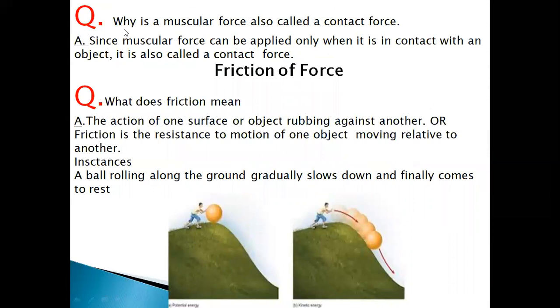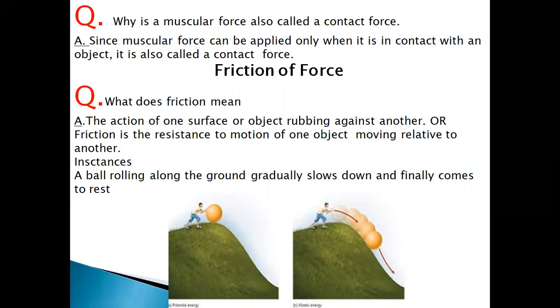Okay. Then why is muscular force also called a contact force? Since muscular force can be applied only when it is in contact with an object. Hence, it is also called a contact force. I hope now you got a clear idea about the muscular force.